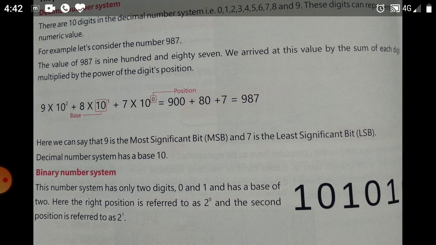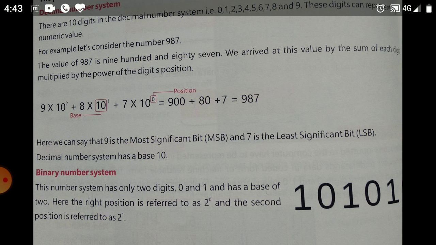Now how do we get that value? Normally we say 987, but what it actually means is 900, the value of 8 is 80 and the value of 7 is 7. So how do we come to this exact value of 987?